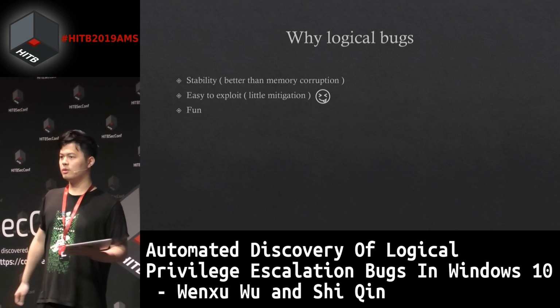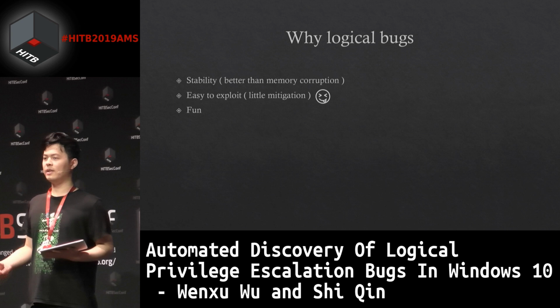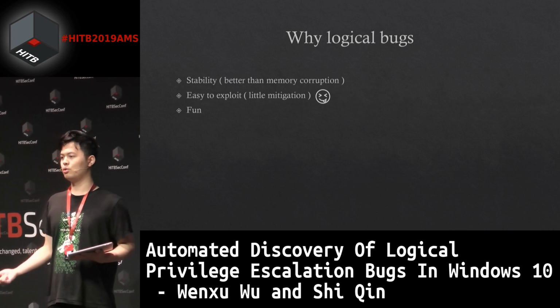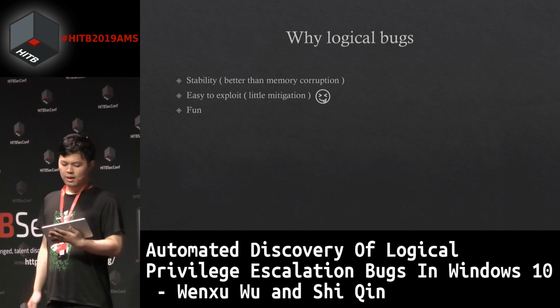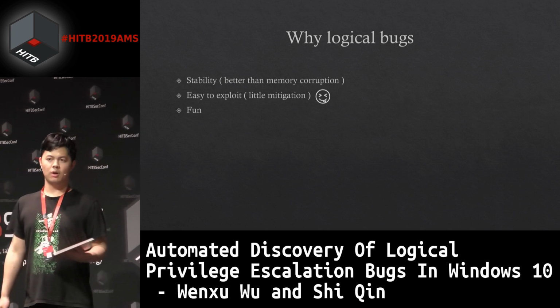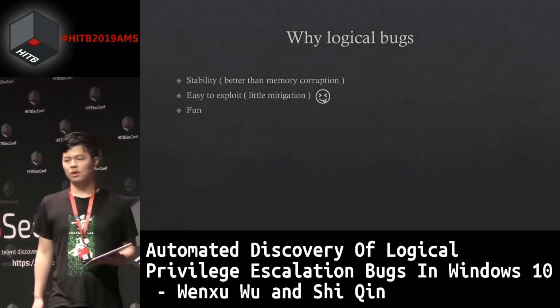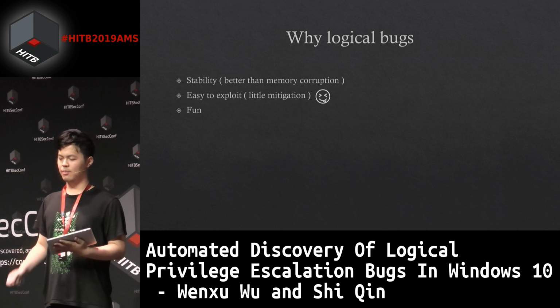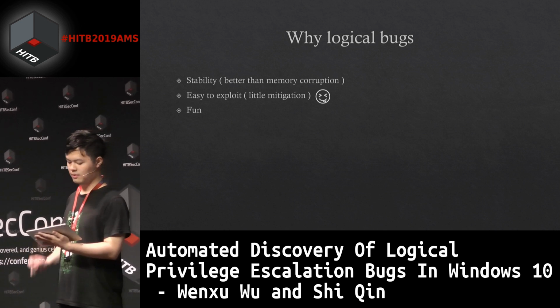So what could logical bugs do? The answer is that they could do all that memory corruption bugs could do, including sandbox escape, code execution and privilege escalation. Today we are mainly focused on privilege escalation bugs.